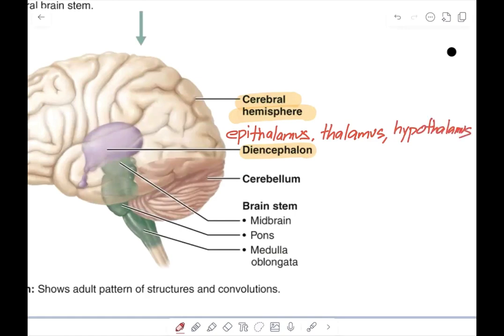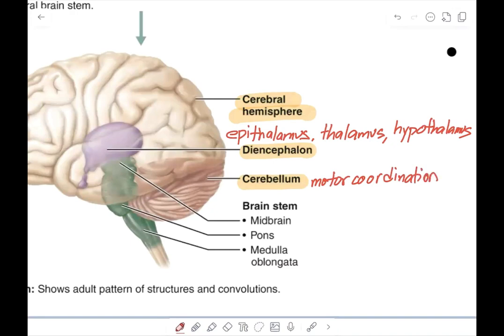We have the cerebellum below that, which is in the very posterior portion of our brain. And the cerebellum kind of controls things like motor coordination. So if somebody has something called cerebellar ataxia, that means they can't walk in a straight line.